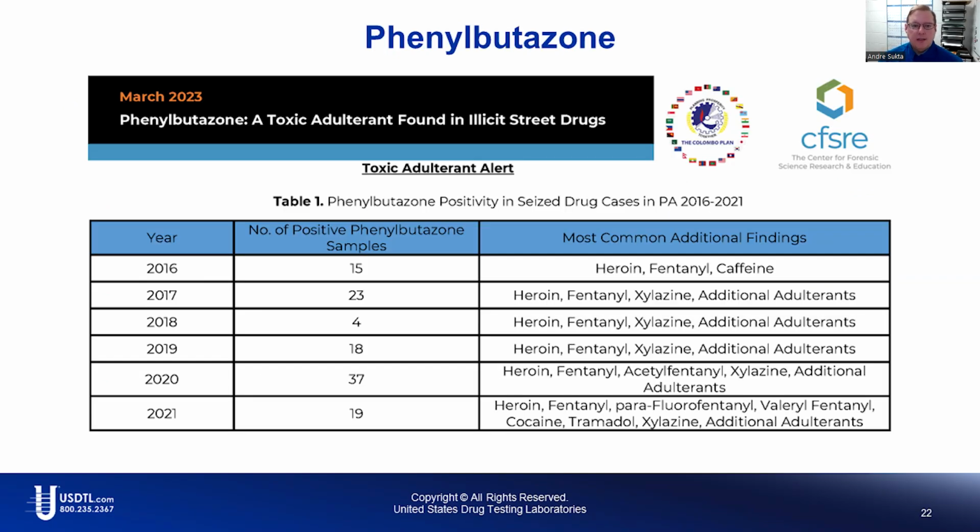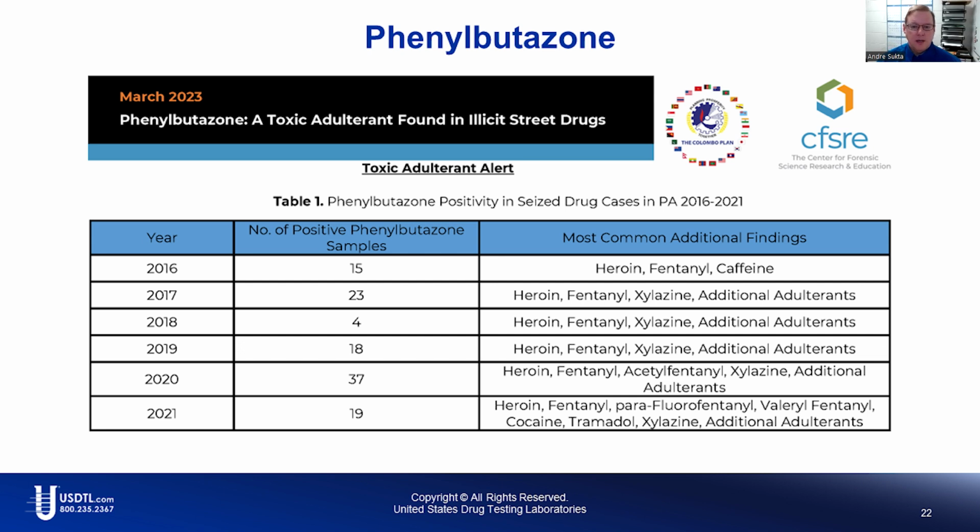As I mentioned at the beginning of the presentation, we talked about phenylbutazone being on the list of drugs that I reported out when I was working at the Equine Performance Laboratory. Our friends over at the Center for Forensic Scientific Research and Education, or CFSRE, put out an alert back in March of 23 talking about phenylbutazone as an adulterant in street drugs.